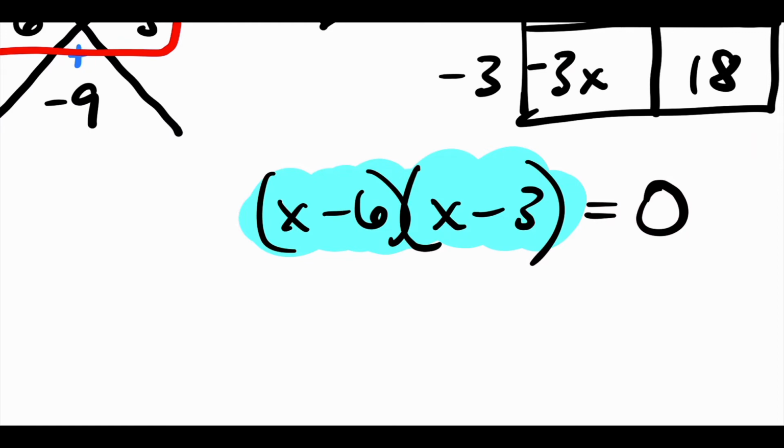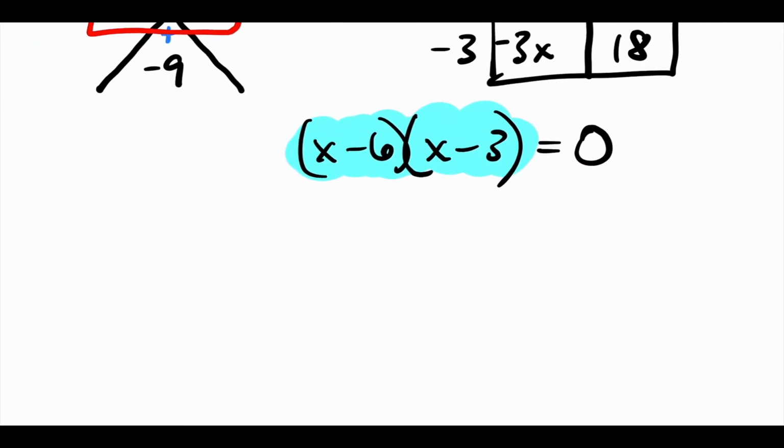Or what had to have happened? One of them had to be 0, right? There had to be a 0 here or a 0 here. Well, zero product property says you don't know which one is 0. So you have to assume they're both 0. So that's why we do the last step.